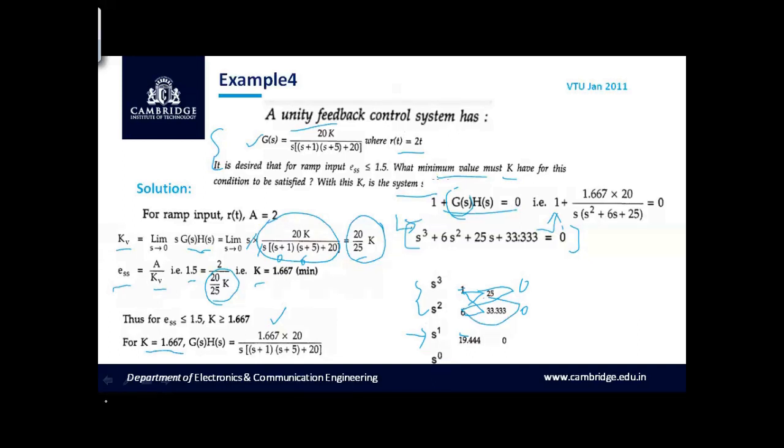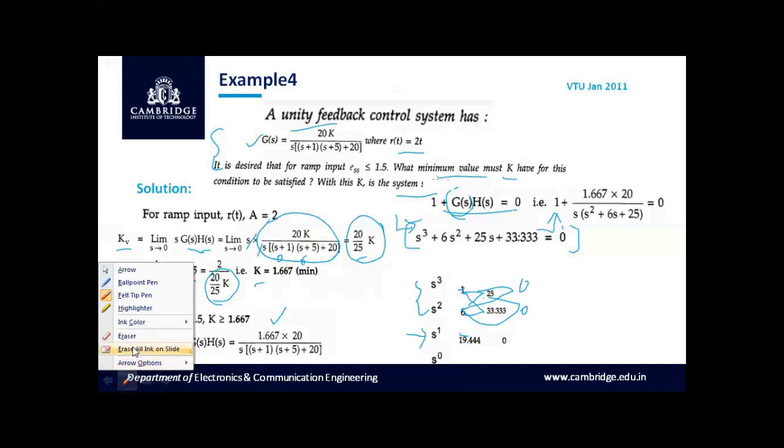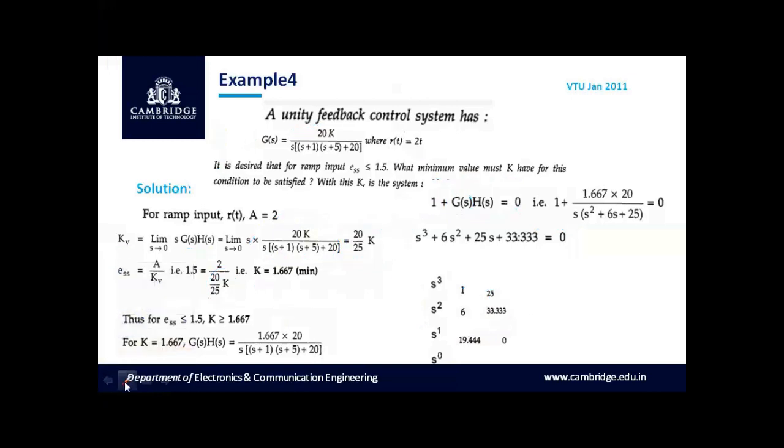Similarly, to find the elements in the fourth row, I have to make use of the previous two rows as a reference, and the fourth row first element can be given by the formula 19.44 into 33.33 minus 6 into 0 divided by 19.44. 19.44 in the numerator and in the denominator will get cancelled out. Hence I get 33.33. And the fourth row second element will be equal to 0.